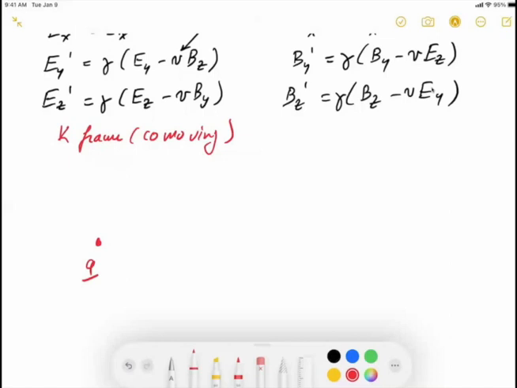It's stationary, and in that case the only field that we have is the electric field. So the electric field we can just write as usual. It's q r vector over r cubed, or q r unit vector over r squared.